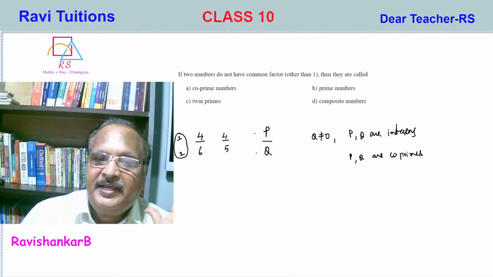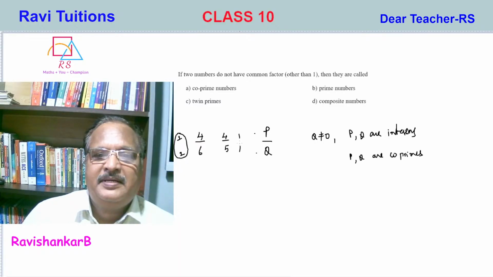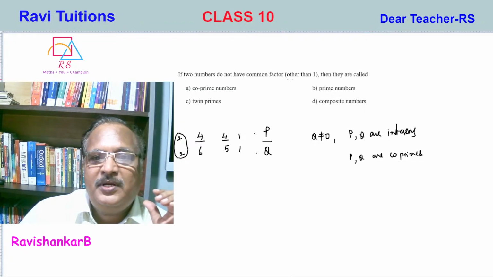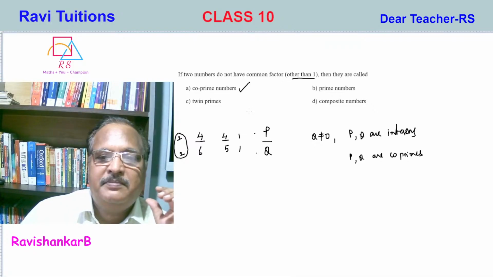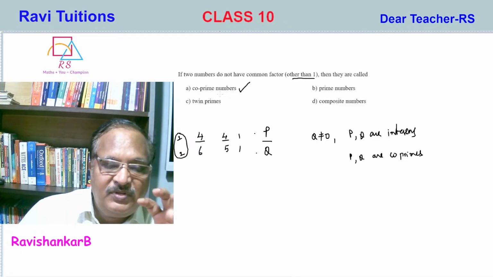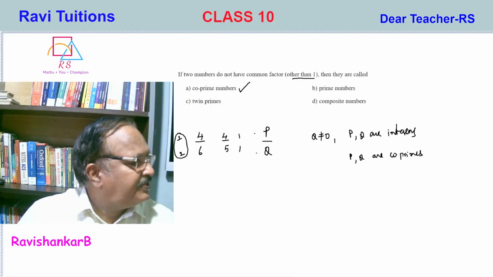Again, 4 and 5 are co-prime numbers because they do not have a common factor other than 1. 1 is a common factor for every number. The two numbers which have no common factor other than 1 are called co-prime numbers. It can be twisted, it can be asked in the reverse way also. So this is my first question.